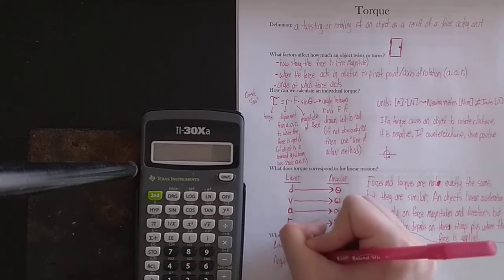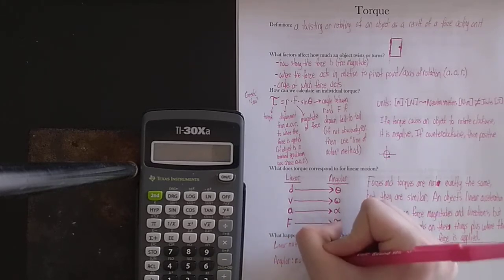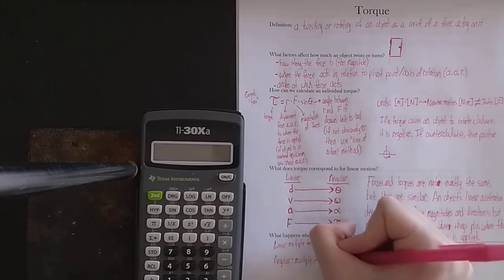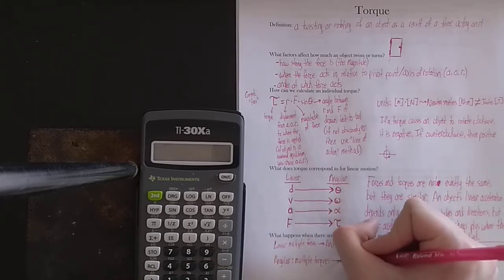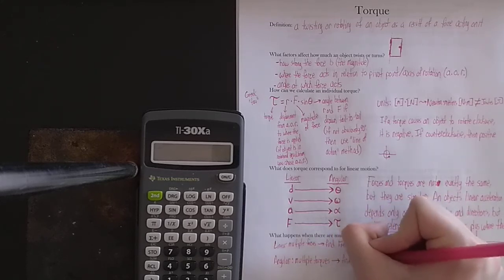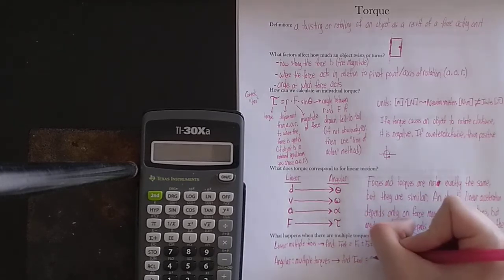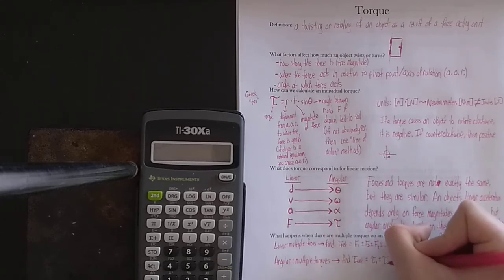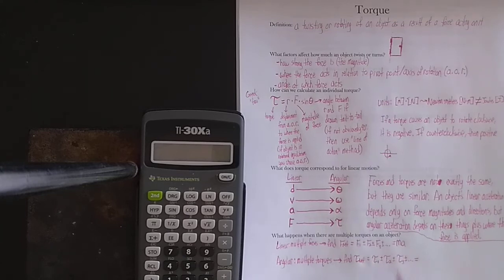When we were talking about rotational motion, we don't necessarily care just about forces, we care about the torques. So what happens if there are multiple torques on an object? Very similarly, you need to find the net torque. The net torque is simply the sum of the torques in a certain direction. So torque 1 plus or minus torque 2 plus or minus torque 3, etc. And that is not going to be equal to m times a. It is equal to something else this time.